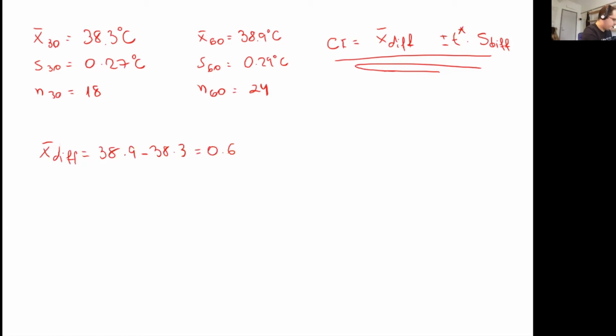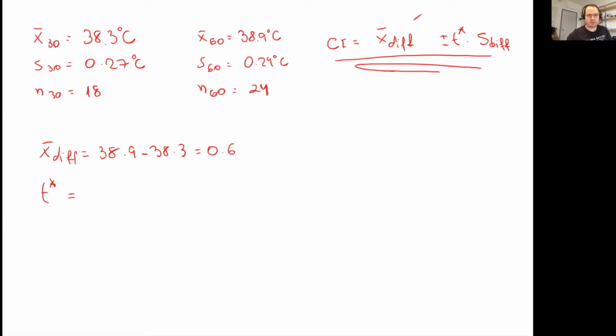Okay, now this is the x bar diff, nice, because this is one of the things that we need over here. Now, what is our t star? Well, our t star depends on our confidence level and our degrees of freedom. Let's just use a confidence level of 90%.